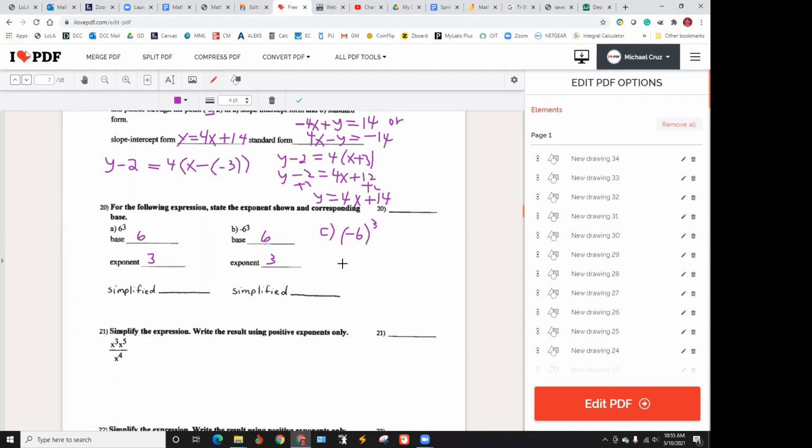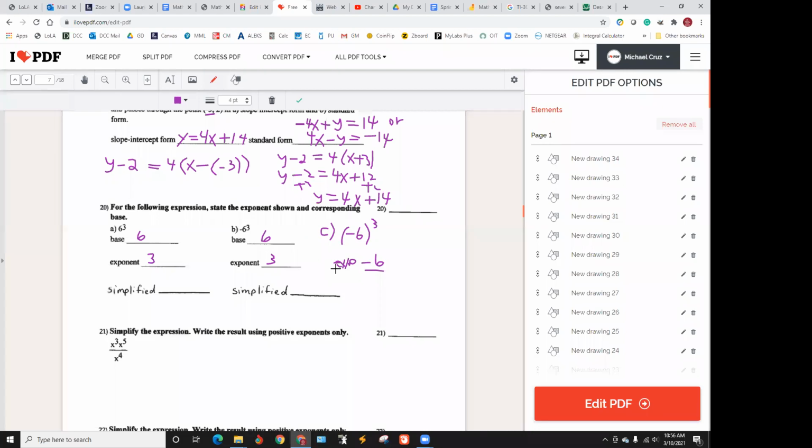So this one right here, the exponent is negative 6. If we wanted to include it, so that's just exponent. And then the base, I'm sorry.